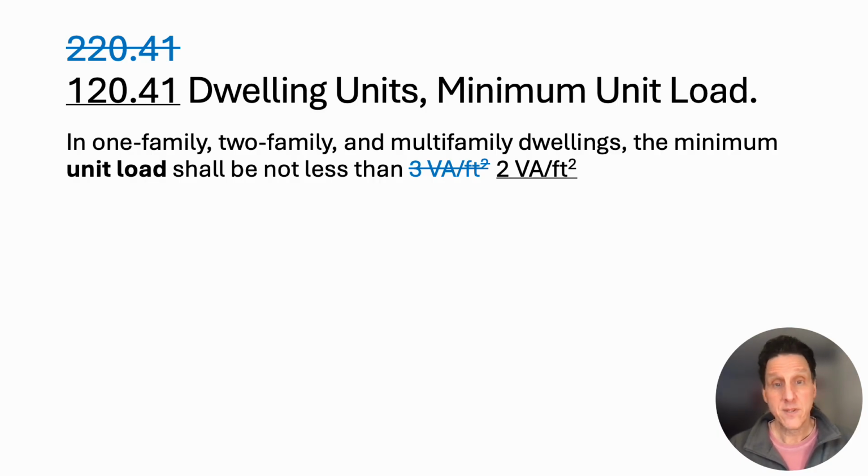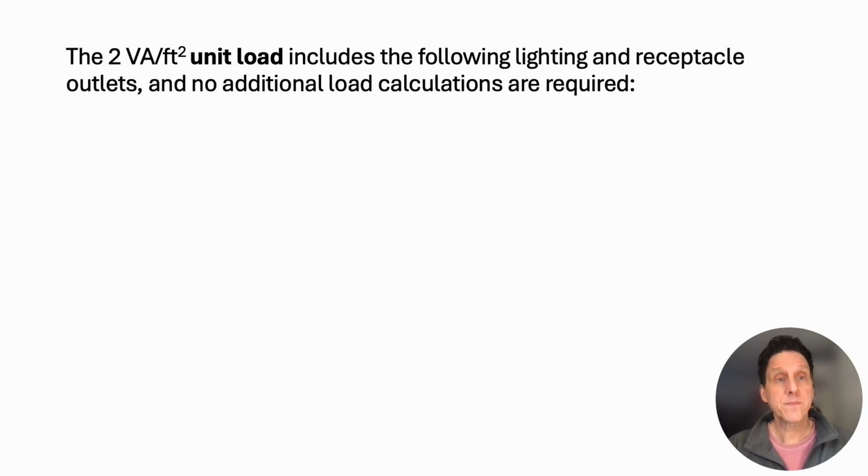And now, more recently, we have LED lighting, and that has really gotten popular and has really taken off. And so LEDs use even less power than, say, fluorescents or compact fluorescents and incandescents. So it kind of makes sense that we're now able to lower this 3 volt-amps per square foot for lighting down to 2 volt-amps per square foot. And so that's a really significant reduction that we see there.